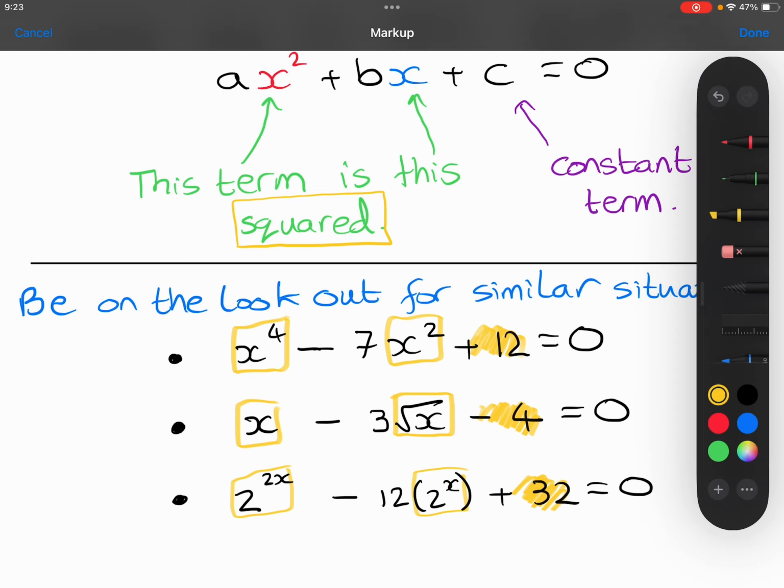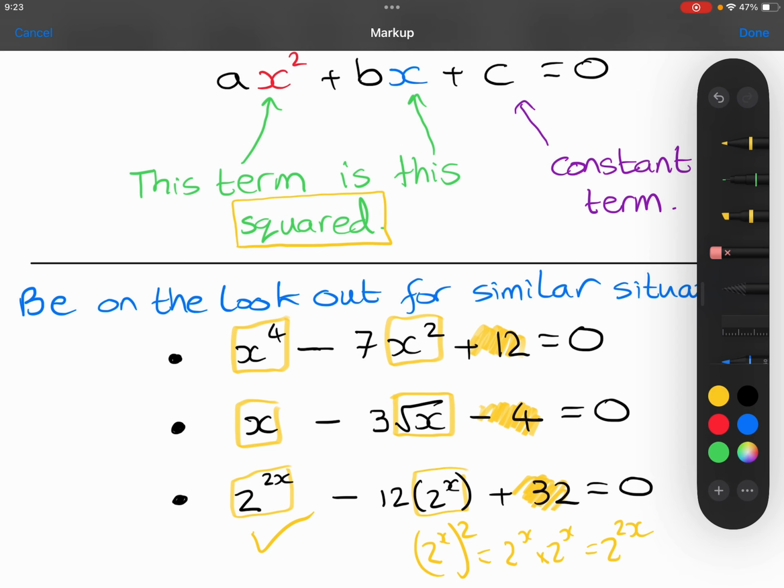That last one might not be as obvious, so let me just show that one to you. If I've got 2 to the power x squared, that's 2 to the power x times 2 to the power x, which is 2 to the power 2x, because we're adding the powers, and that is that term there.